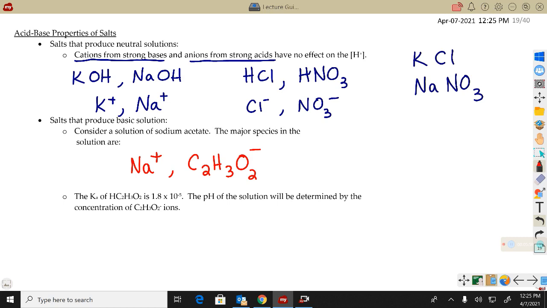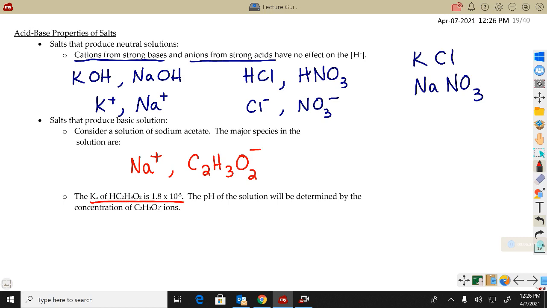The second question, could anything react with hydrogen, remove hydrogen, and act like a base? And here they're giving me a little hint by saying that hydrogen acetate or acetic acid has a really small Ka.